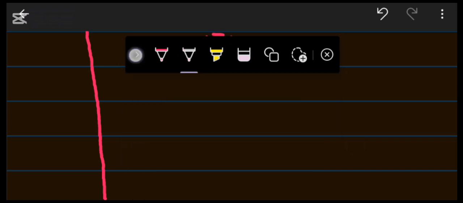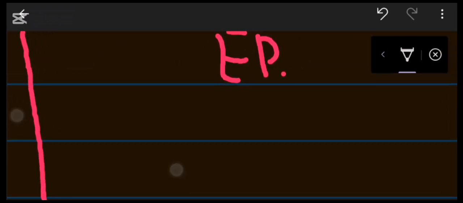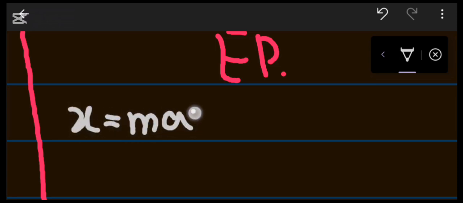At the extreme position, the displacement is maximum. क्योंकि हमेशा हम कोई भी चीज डिस्प्लेस करते हैं तो मीन पोजीशन से किसी एक्सट्रीम पोजीशन मीन्स फाइनल पॉइंट पर लेकर जाते हैं. So at the final point or extreme position, the displacement is maximum.